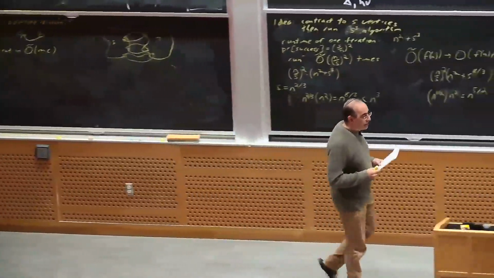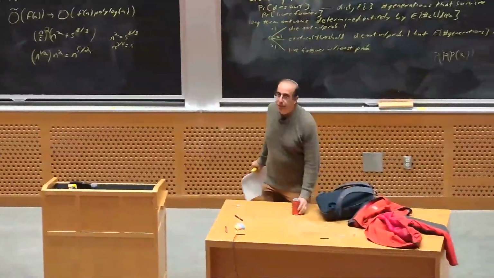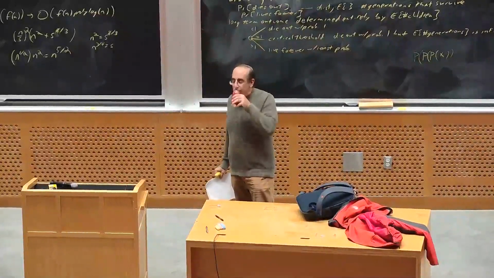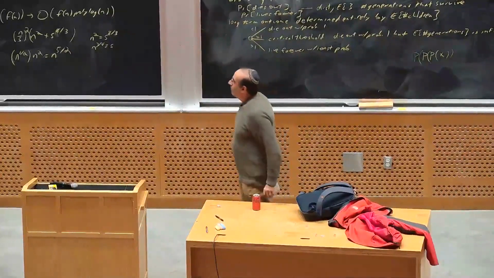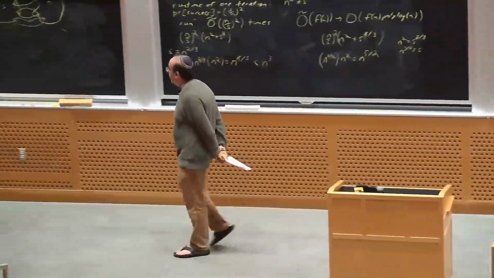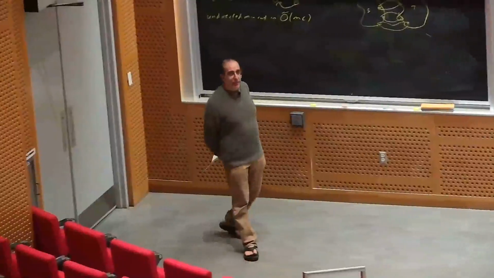But now is where we can start applying our ideas from randomization. We've been talking about sampling. Sampling is good for taking big things and making small things that give you insight into the big things.